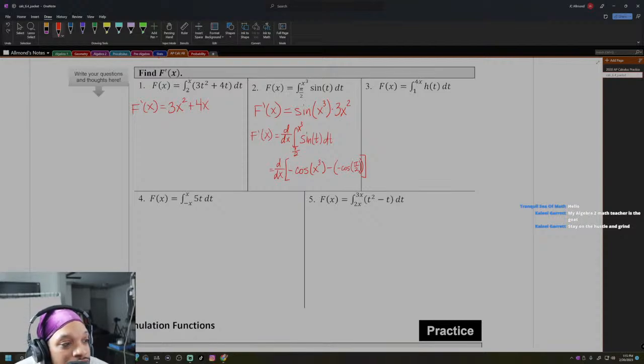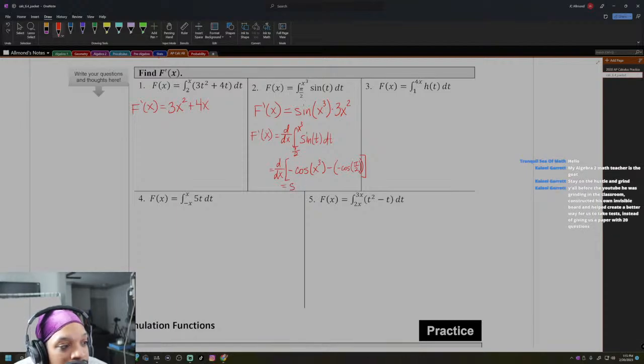And then when we do the first term, the derivative of negative cosine is just sine. And then we keep our inside, which is x cubed. But because x cubed is a function, we're going to have to use chain rule and multiply by the derivative of that, 3x squared. And that's what we got above.